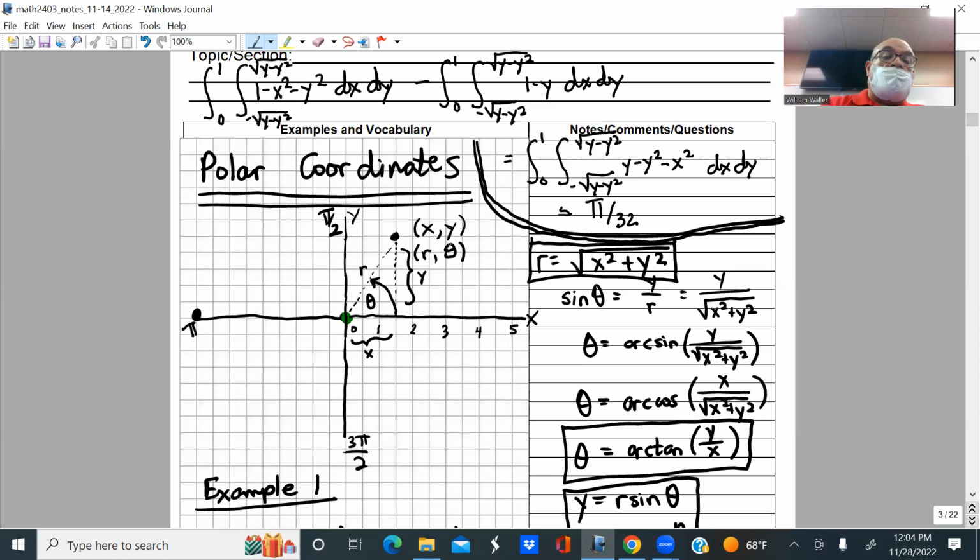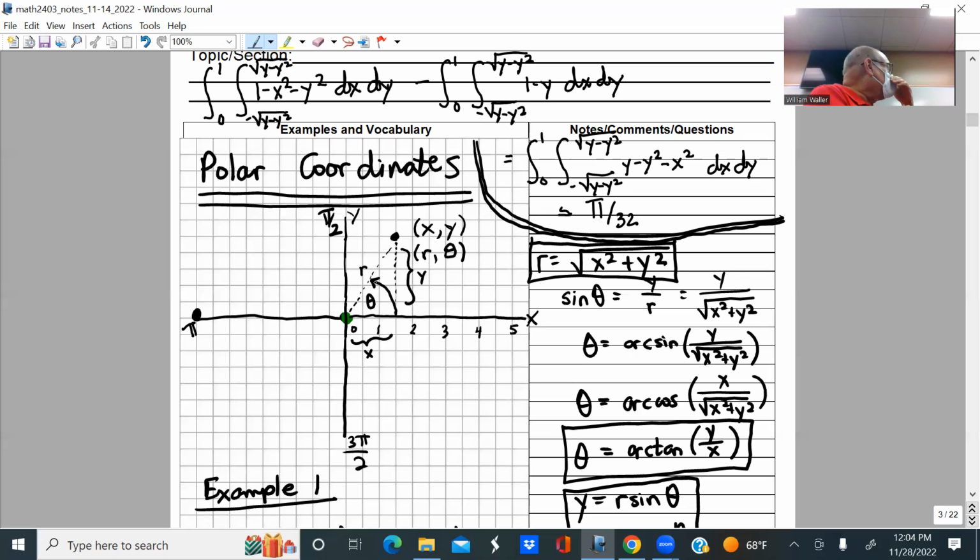Usually that second coordinate is referred to as theta instead of y. So remember, in polar coordinates you have a distance away from the origin, and then you have this angle formed with the x-axis. Those are the 2 pieces of information that we use to locate the point.